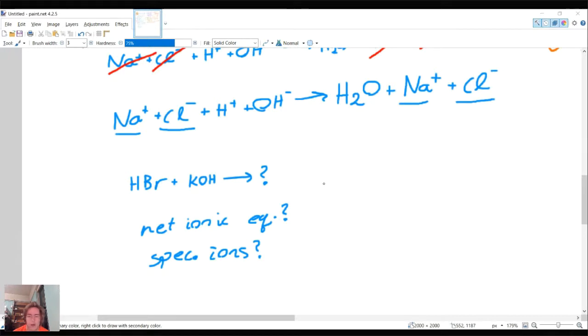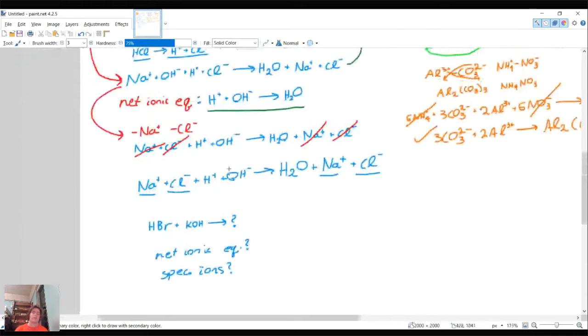It's a strong acid and strong base reacting together. It wouldn't be the spectator ions, it would be the hydroxide and the hydrogen. It's the same thing as before. This net ionic equation is something you should be memorizing for strong acids and strong bases. So it would be the same as the one before. And then the spectator ions are what?